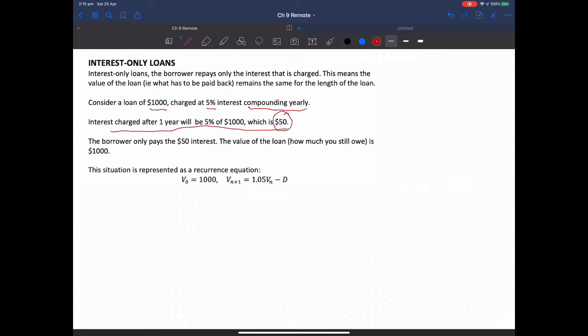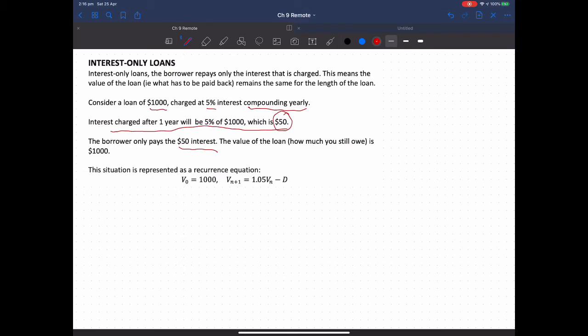So the borrower only pays the $50 interest. So they owe 1,000. That 1,000 ends up being 1,050 at the end of the year, but they make a payment of 50 back. They still owe 1,000. So the amount they owe hasn't changed. For the amount they owe to drop, the payment they make would have to be bigger than the interest.